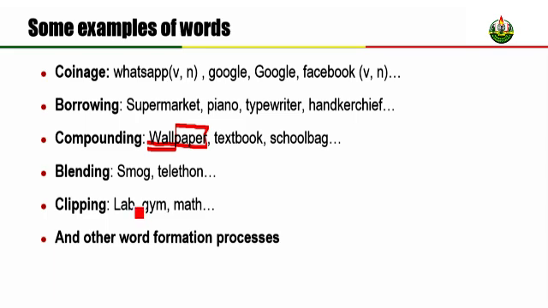The last example here is clipping. I will not go into detail within this lecture, but I'll simply explain that it is the word laboratory or gymnastics or mathematics that have been cut down to lab, gym, math, respectively. Other examples of processes of word formation will come later on.